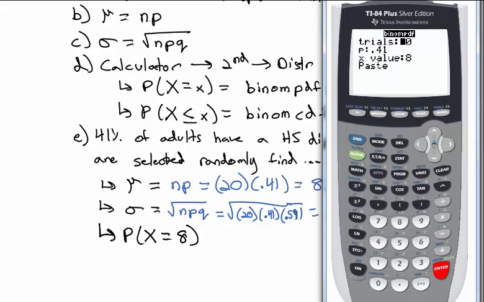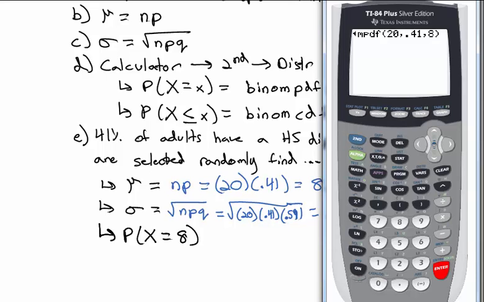Select that one, and if you have the 83, it's going to open up a parentheses ready for you to type in the same data values that we're going to type in on the 84. The 84 is nice because it gives you prompts. It says, how many trials are there? Well, we had 20 randomly selected adults with a probability of 0.41, enter, and we want to know if our x value is equal to 8, enter. And when we select paste, it's going to stick it in there.